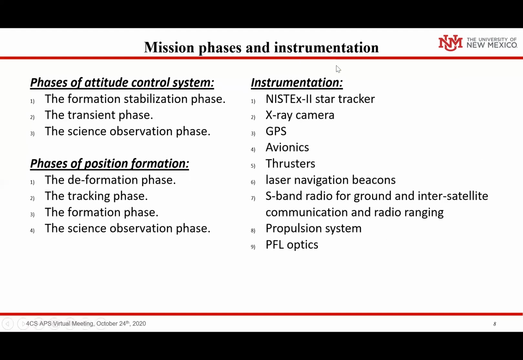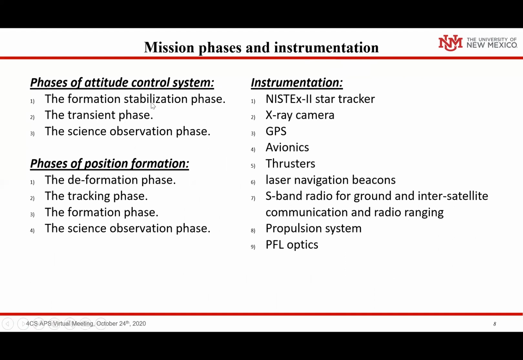For the mission phases and instrumentation, we have 3 phases for the attitude control system and 4 for the position formation. The first phase for the attitude control system is the formation stabilization phase, then we have the transient phase, and next we have the science observation phase.